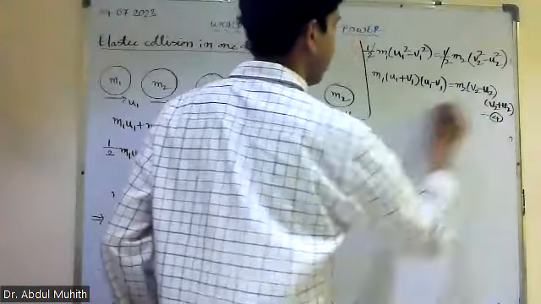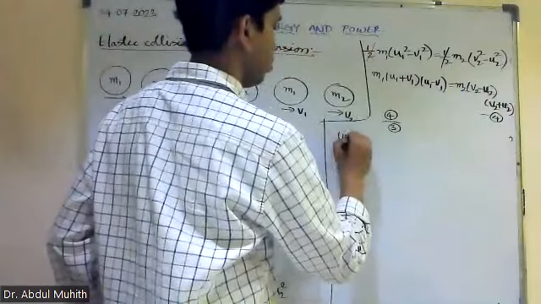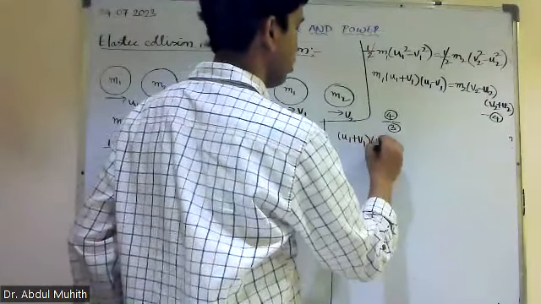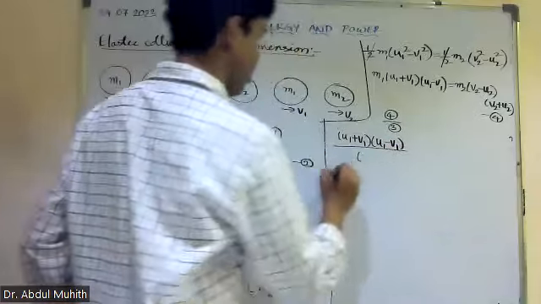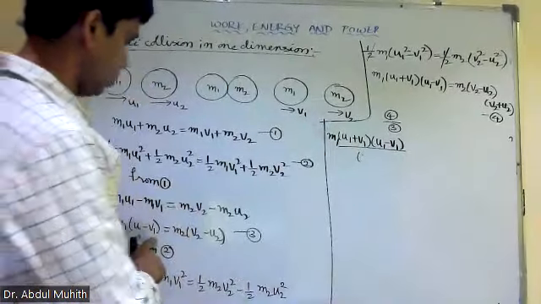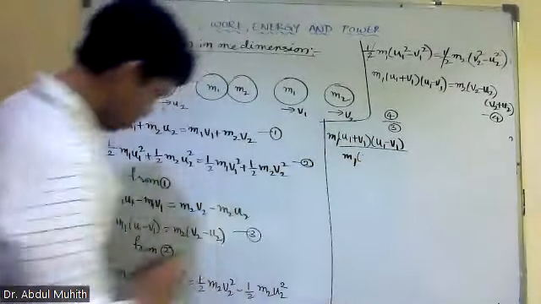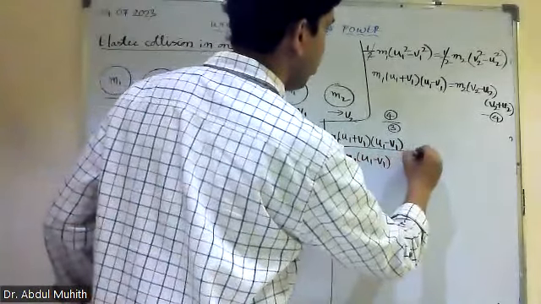Now divide 4 by 3. So what will happen? U1 plus V1 into U1 minus V1 divided by M1 into U1 minus V1, which is equal to what?